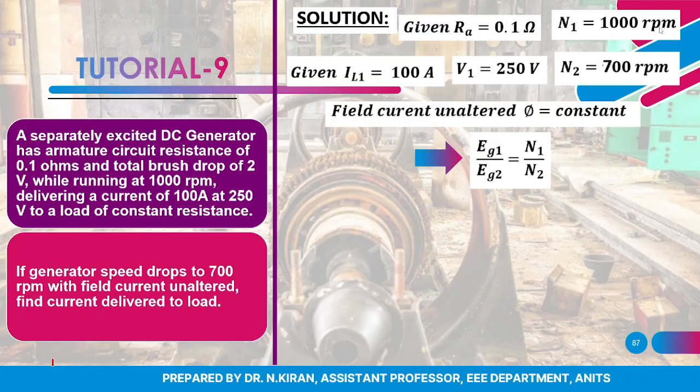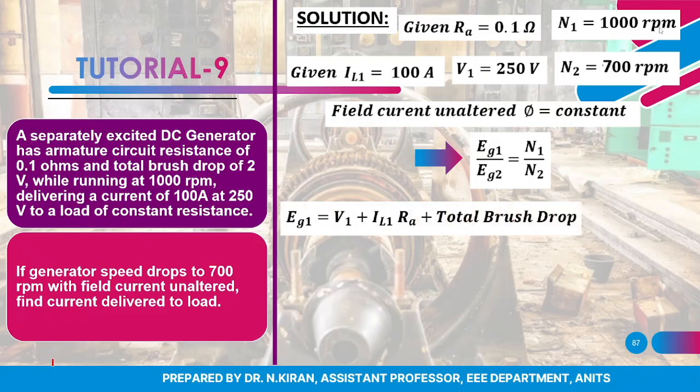Next, we first need to find what Eg1 is. Eg1 is V1 plus IL1 RA plus total brush drop. Nothing else is mentioned here. Total brush drop is given as 2 volts, so that's fine. All the values we know, just upon substitution, that will give my EG value to be 262 volts.